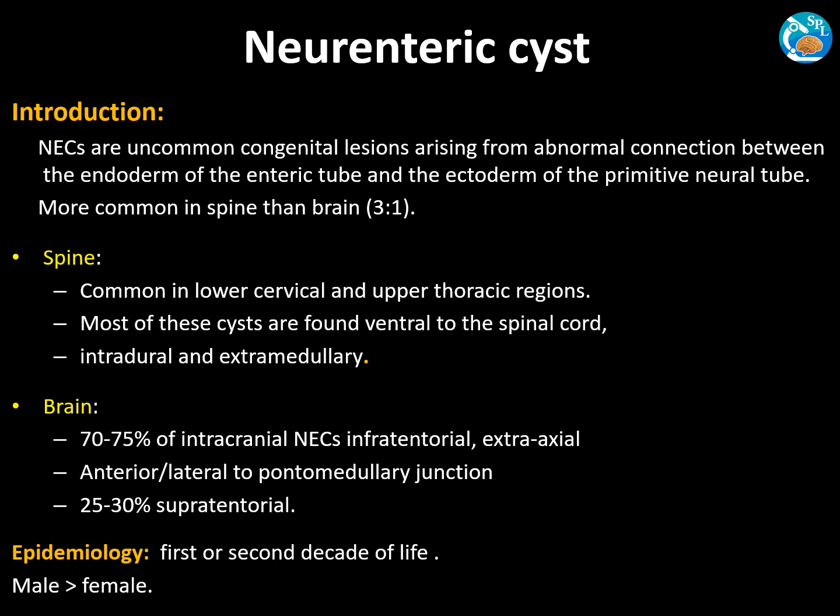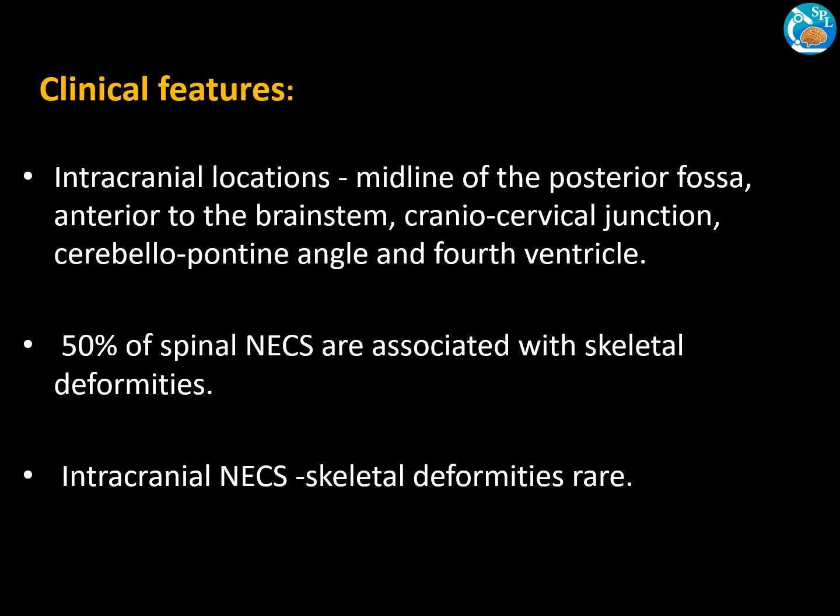Coming to the intracranial cysts, 70 to 75% of intracranial neurenteric cysts are midline, infratentorial, and extraaxial in location. Most are anterior or lateral to the pontomedullary junction, and only 25 to 30% are found in the supratentorial region, that is suprasellar or the cerebral hemispheres. These are usually found in the first 2 decades of life and show more of a male preponderance.